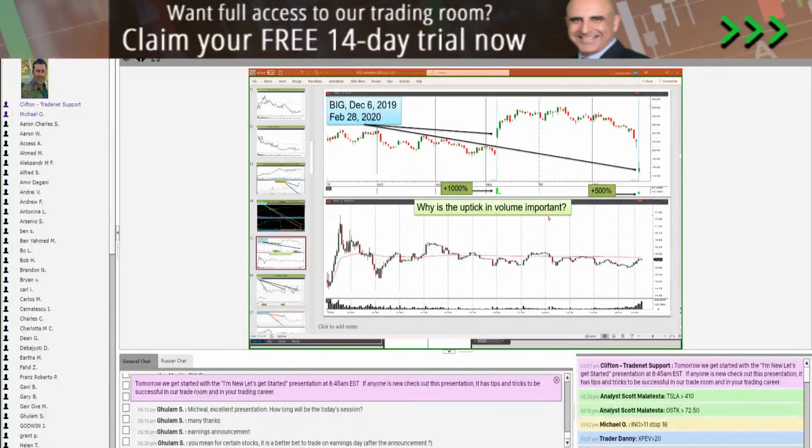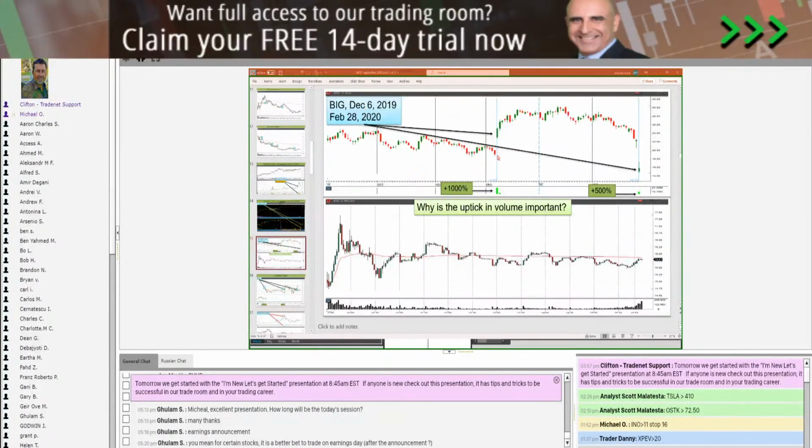Before the announcement, take a look at the price action and at the volume before the announcement, December 6th. What happens in BIG before the announcement? Maybe there's one good trading day in 6 months. One good trading day, you can see that there's no volume actually.